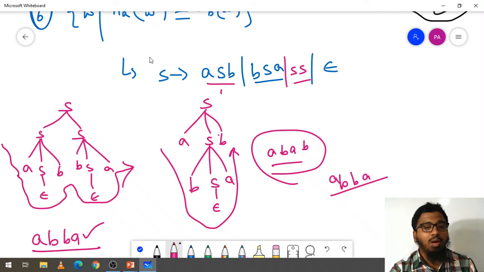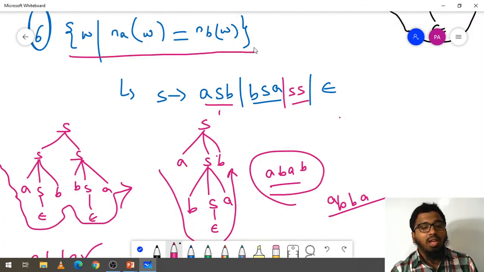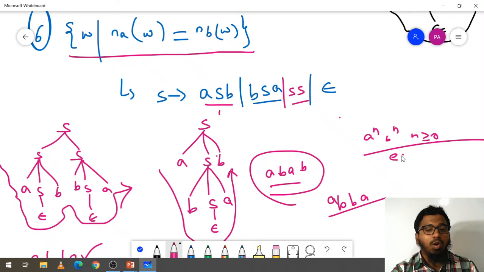So this is a complete grammar for this equation, okay. Like if you want an equal number of A and B's, you can get A, B, B, A, and you can get A, B, A, B, okay. And if you want equal number of A power n, B power n, n greater than or equal to 0, for that also we will get an equal number of A's and B's.